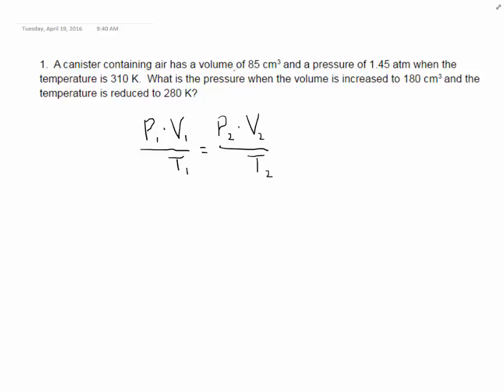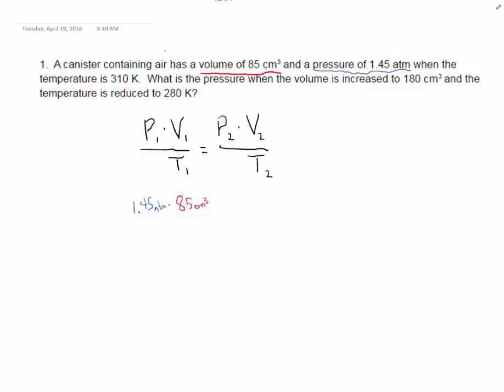Our first value is a volume of 85 centimeters cubed, so that is V1. We have a pressure of 1.45 ATM, which stands for atmospheres.